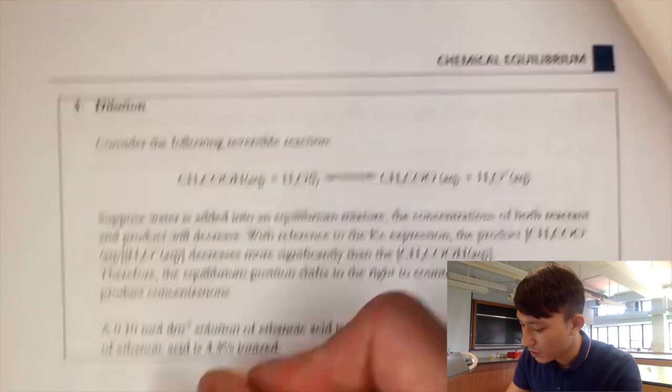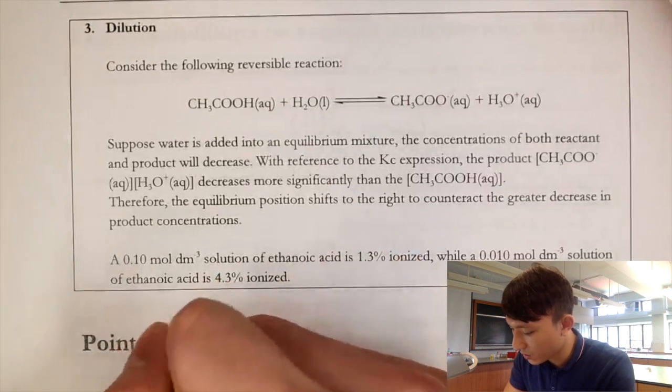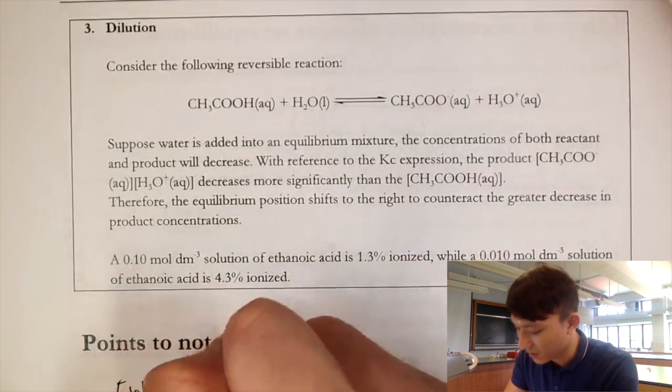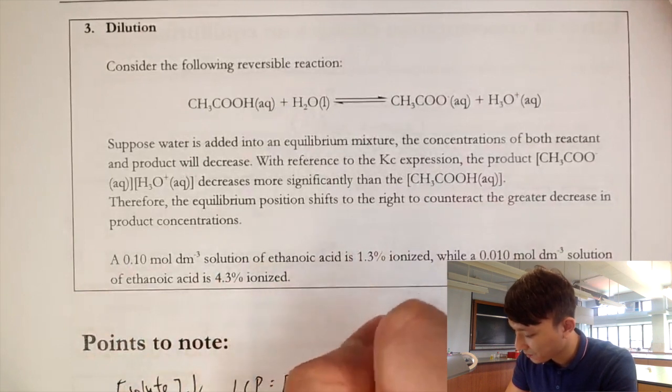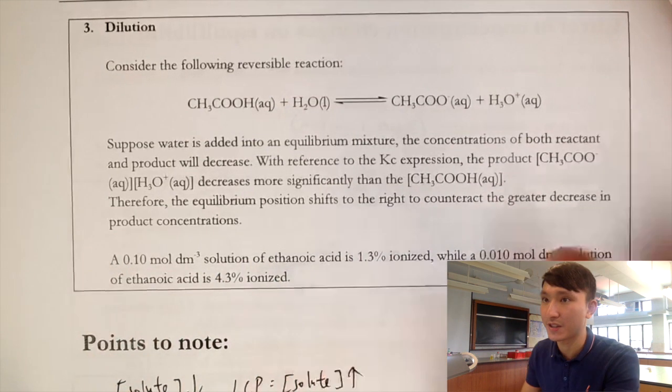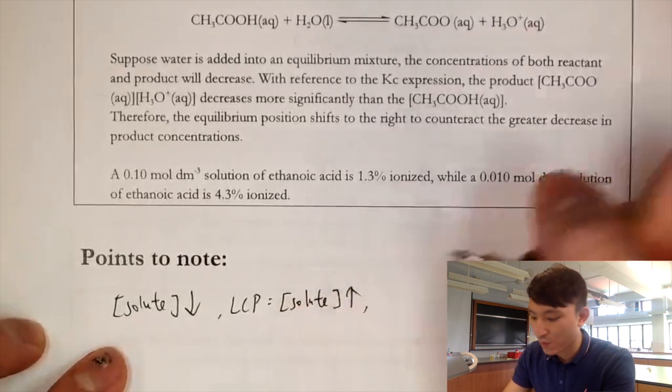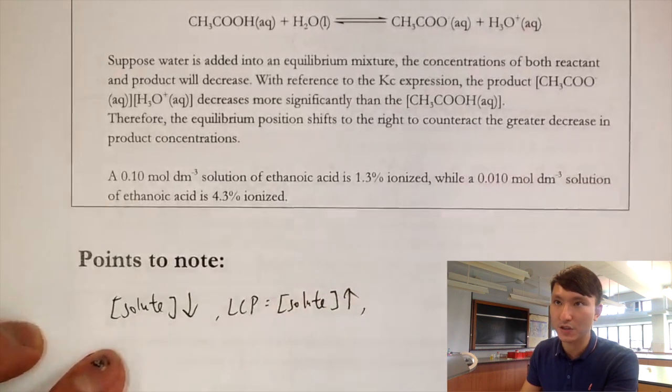Let me put it down: the solute concentration decreases, and LCP wants the solute concentration to increase. To do that, they want to shift the equilibrium position to the side with more solute.